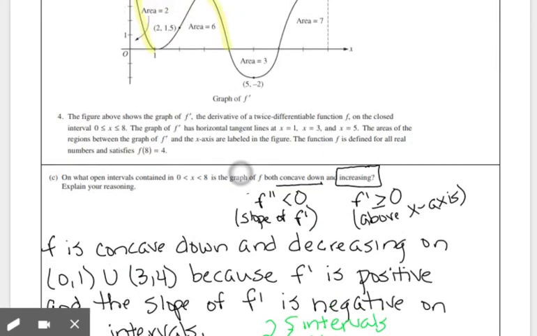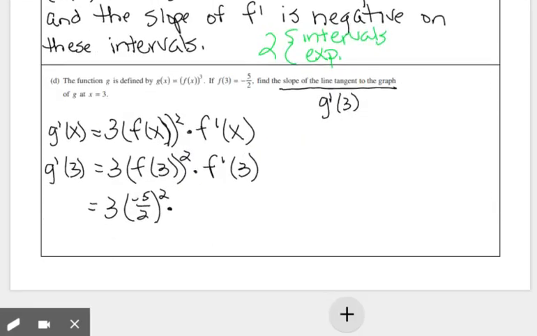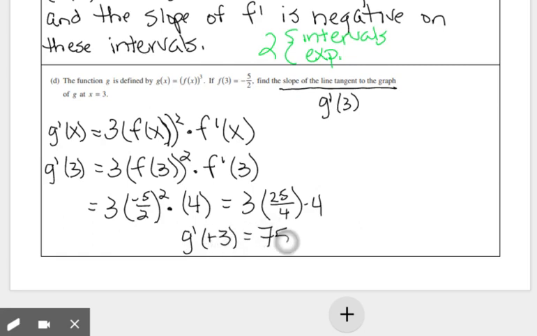Well, we're given the graph of f prime, so if I could just figure out what 3 is, it's right here at 4. And then we're just going to go ahead and simplify that. So we'd have 3 times, what is that, 25 over 4 times 4. So we get g prime of 3 is equal to 75. And there's our answer for that one.